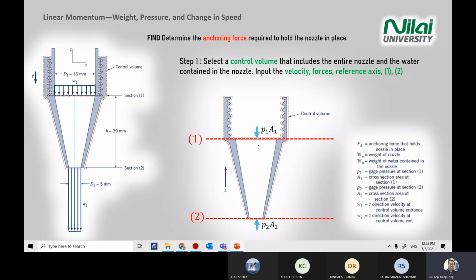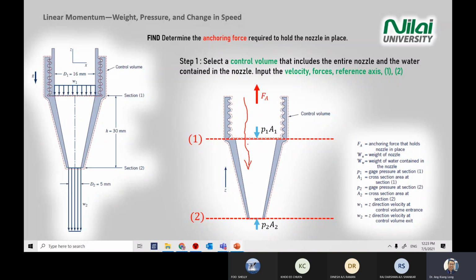Once you add the forces, P1 times A1 means the force acting on your inlet, and P2 times A2 means the pressure acting on the outlet. After that, you have one more force, which is the reaction force that makes the nozzle hold at its place. So we add an anchoring force that goes against the flow, because we know that the flow is in this direction.